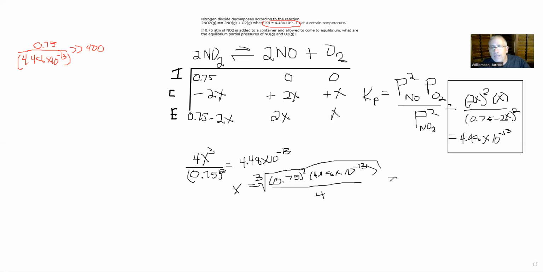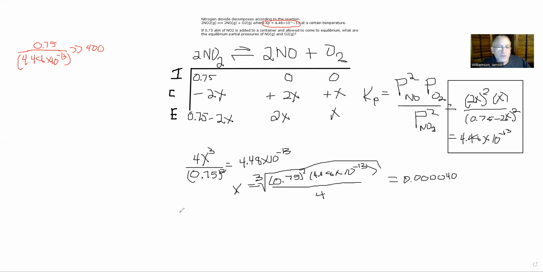And if I did it right on my calculator, and I might not have, so check it, and if I did it wrong, put a note in the comments. I got 0.0000040, two significant figures.